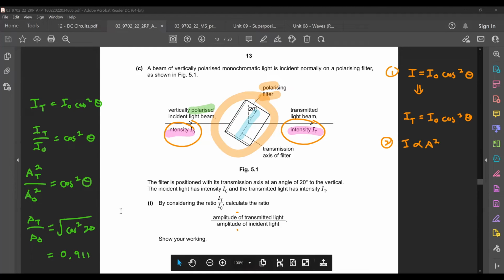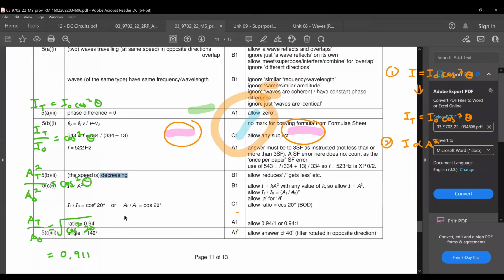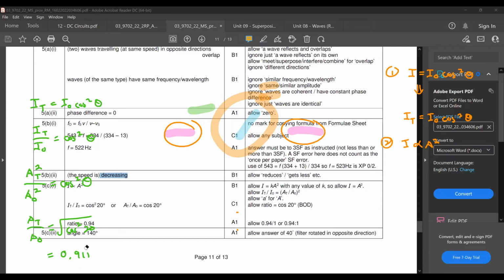Let me just see. Right, you got 0.94 though. Cos 20, sorry, I did the wrong calculation here. Cos square 20 would be 0.911, and cos 20 is 0.940.